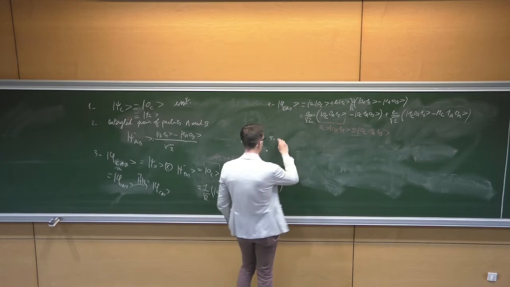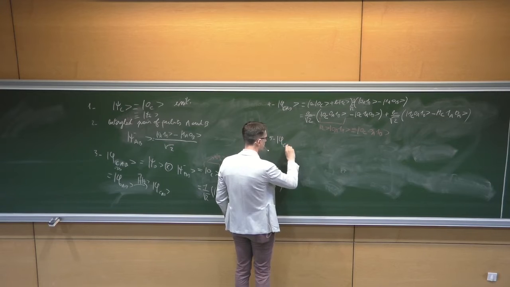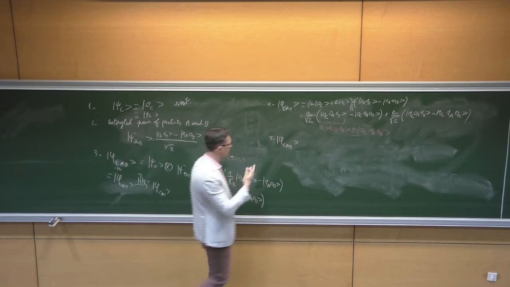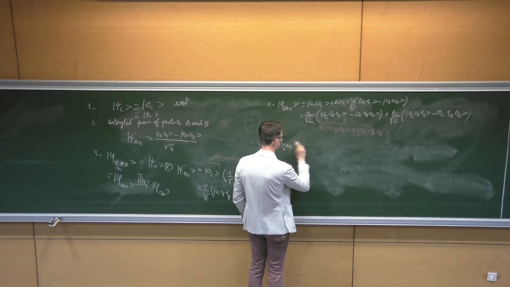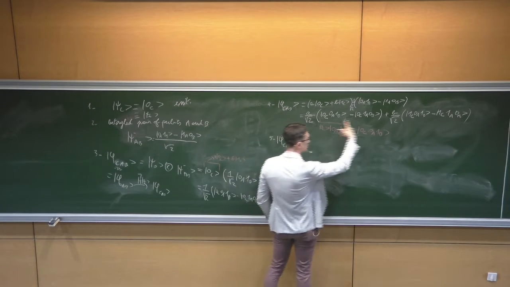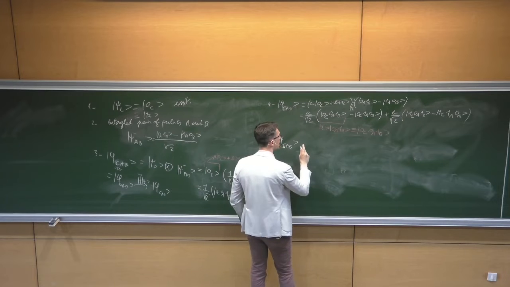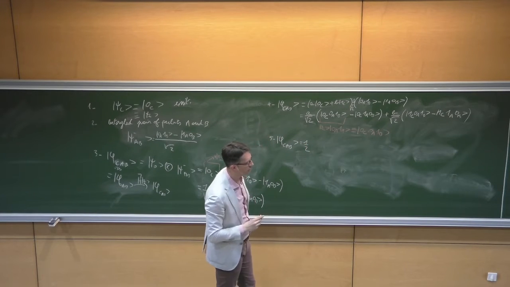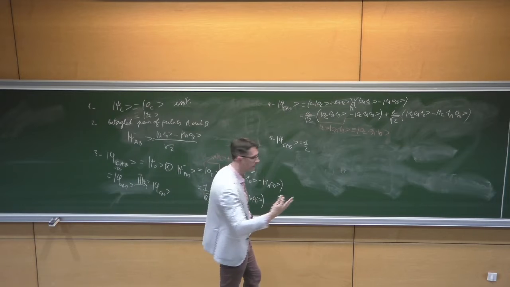So psi CAB, well, we can verify at least that it works. So phi of CAB is this, and what I'm saying here is I can rewrite it as a 1/2 of 4 terms.